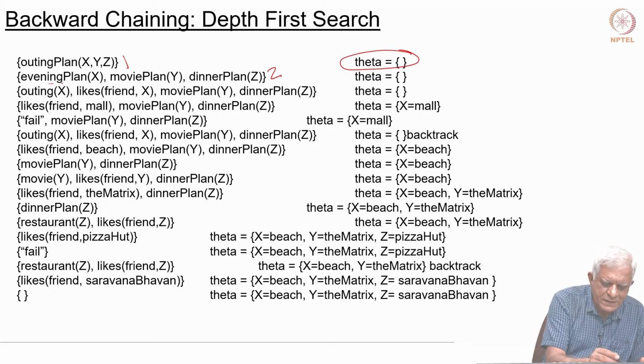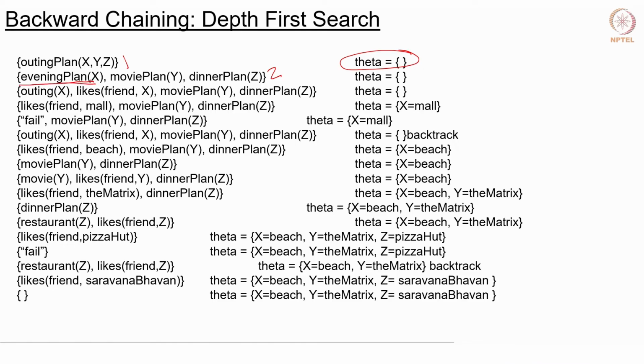So, the evening plan, first you look for an evening plan. It will say that you are looking for an outing such that your friend likes the outing, and after that the other 2 goals which were there will also continue to remain there. So, evening plan has been removed and replaced by outing plan and likes friend that plan essentially.